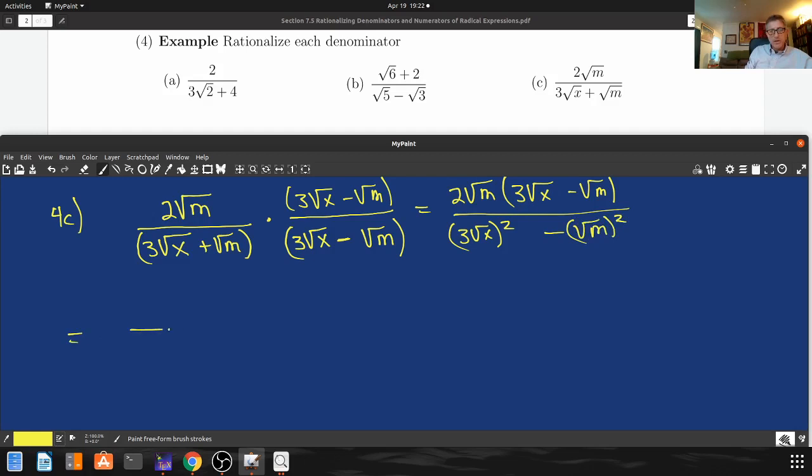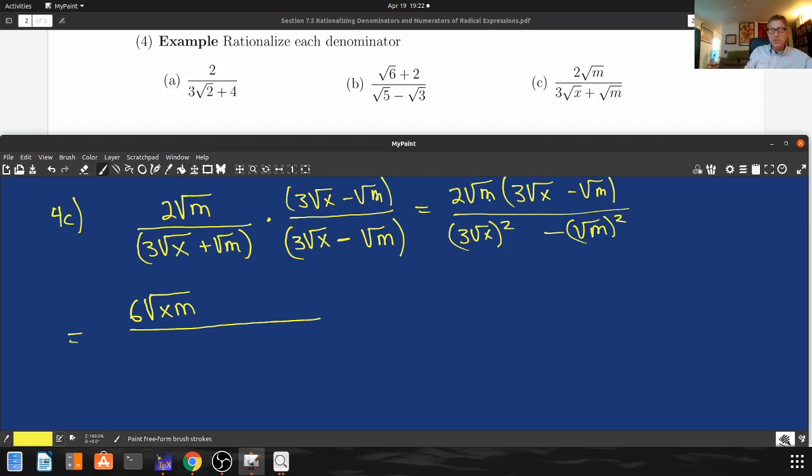So we're going to go ahead and simplify this all at once. 2 times the square root of m times 3 times the square root of x is 2 times 3, which is 6. Square root of m times the square root of x is the square root of xm, or if you want to put mx, it does not matter.